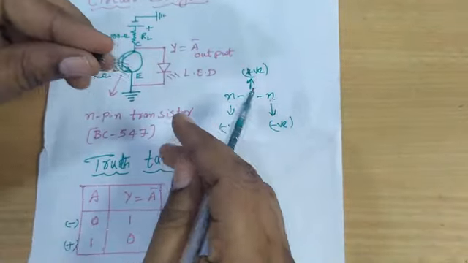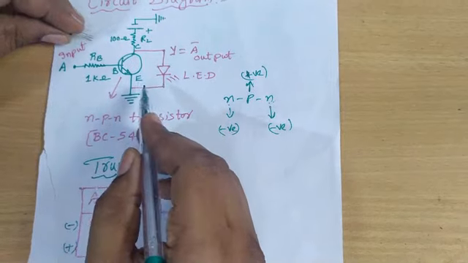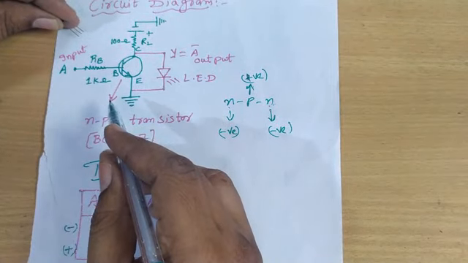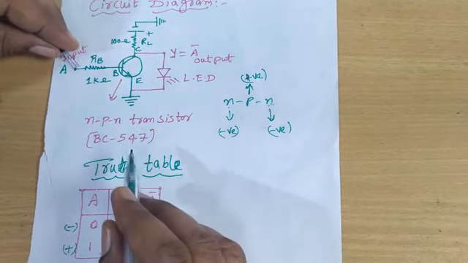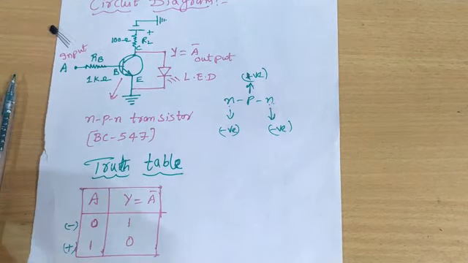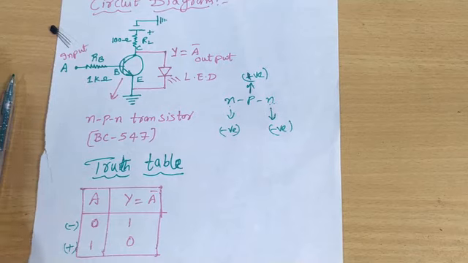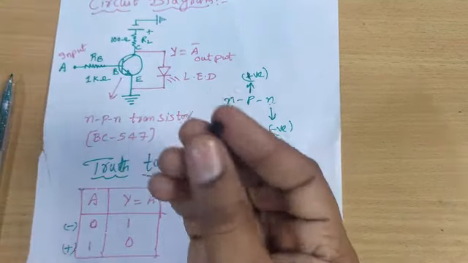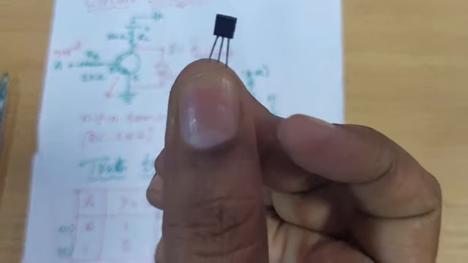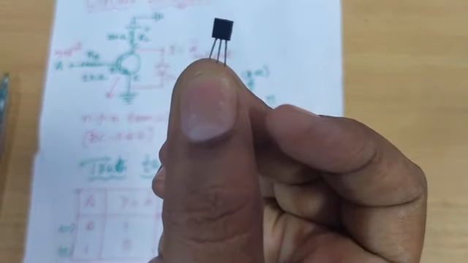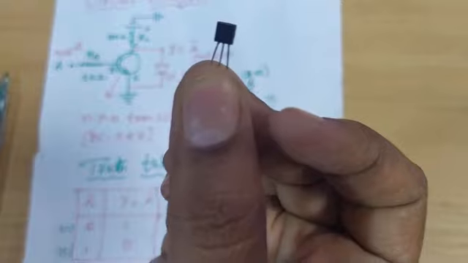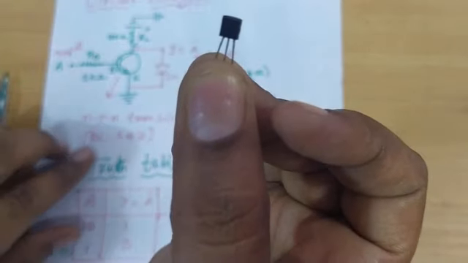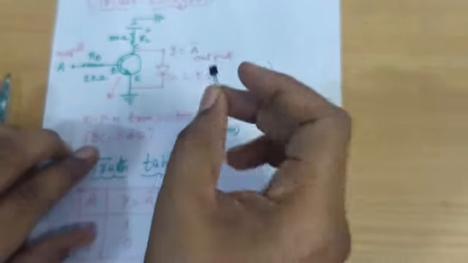Now we will prove this using a breadboard. Before that, let us see the components we need for this experiment. First, the NPN transistor whose number is BC547.